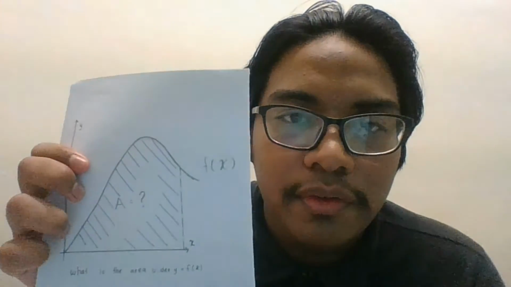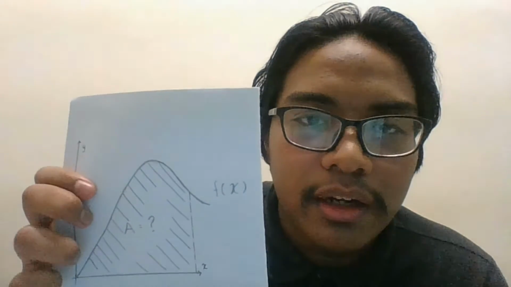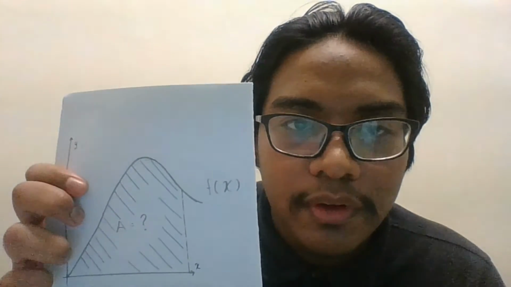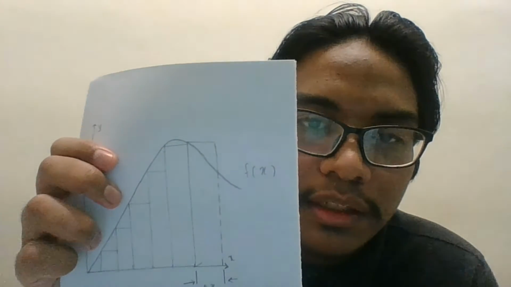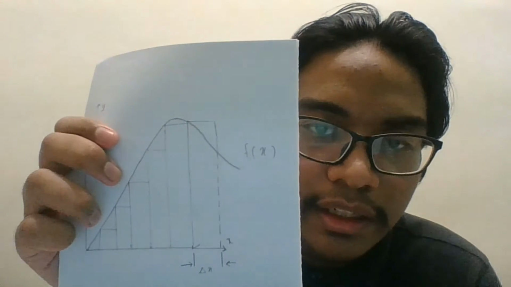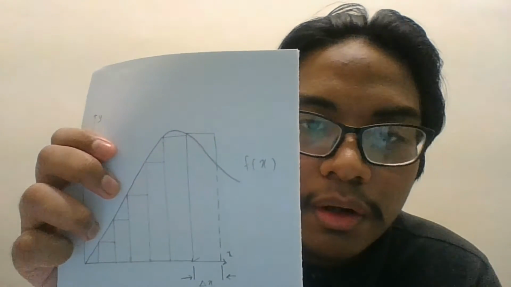So here I have a function. I want to find the area under the curve of the function. We could calculate the function at a few points and add slices with width delta x like this, but the answer will not be accurate.